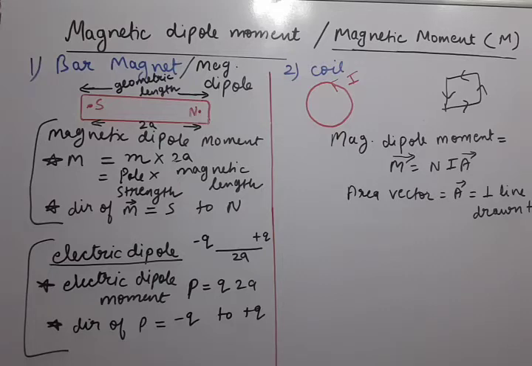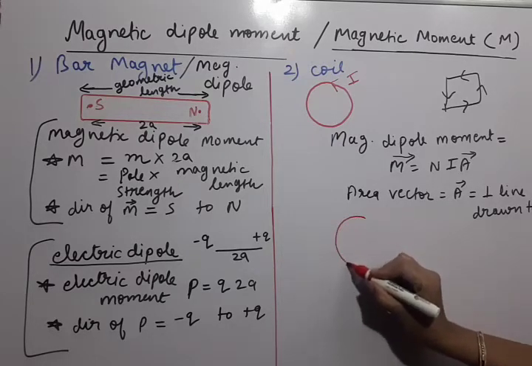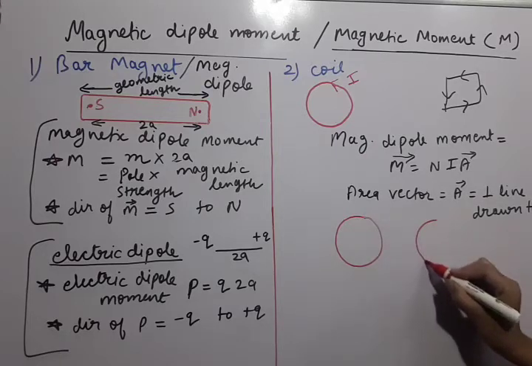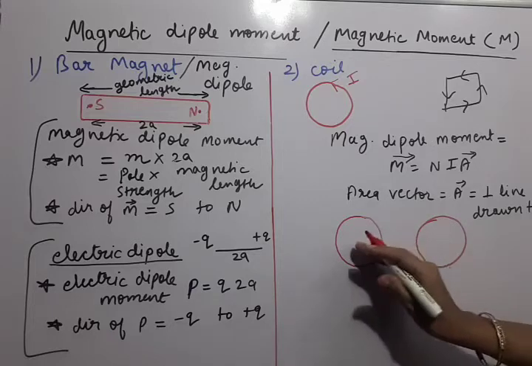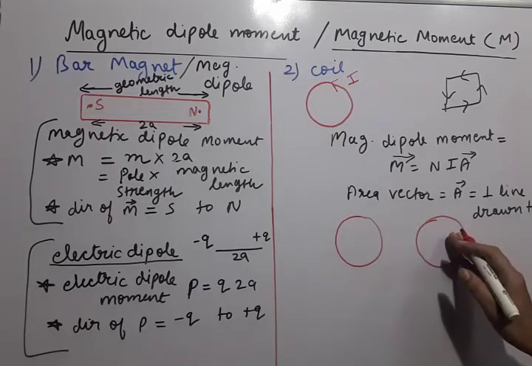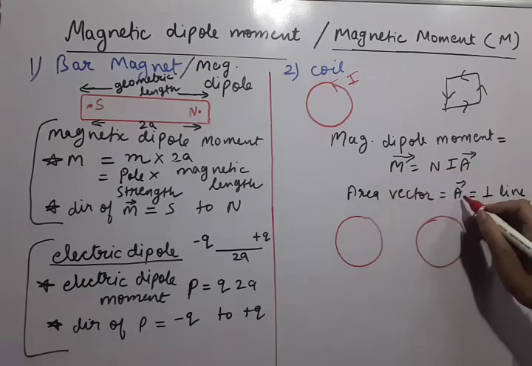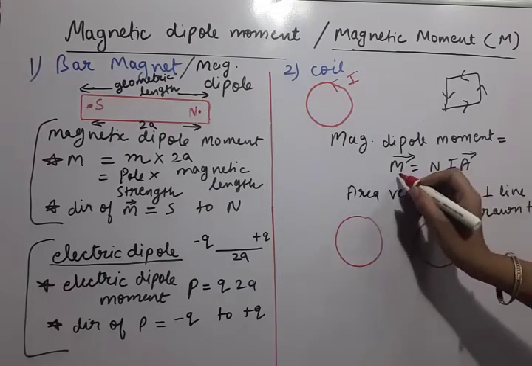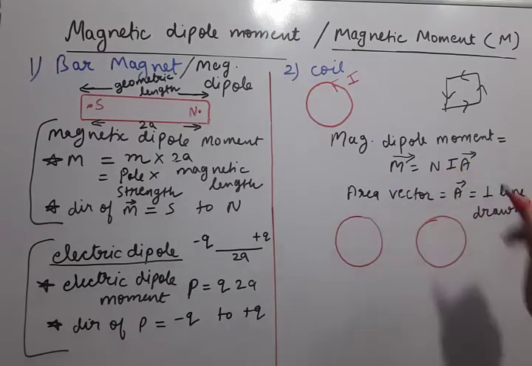For that, I'll take that similar heading which was discussed before also. This area vector depends upon the current direction. I am here taking two types of current directions, and I will explain how to find the area vector direction or M vector direction or B vector direction, because all are in the same direction.